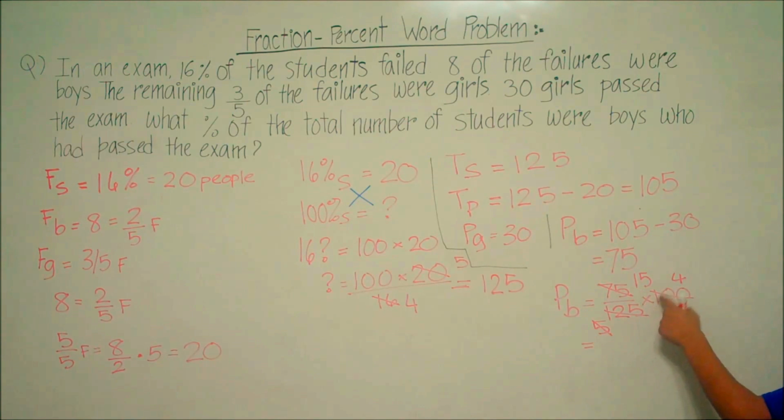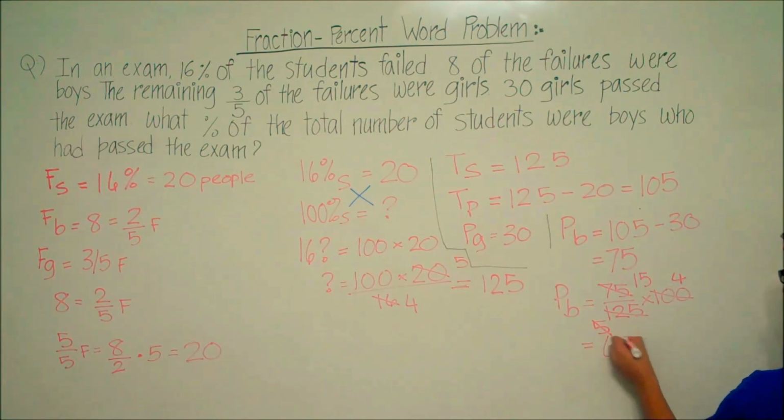So you get 15 times 4, which is equal to 60%.